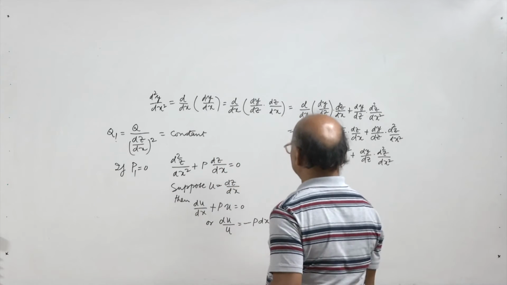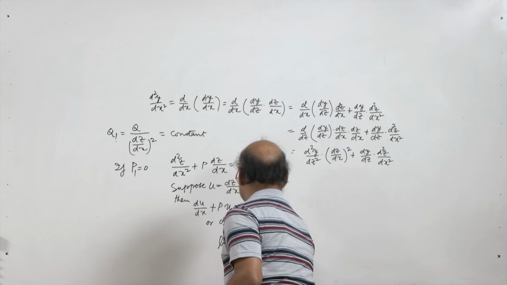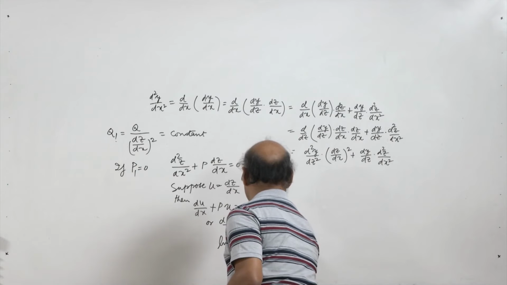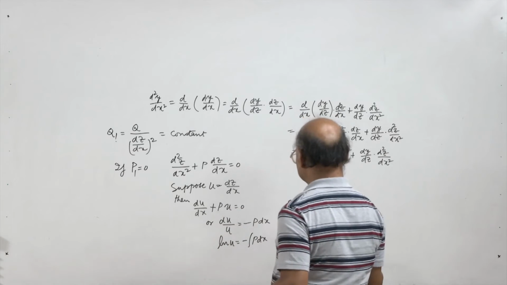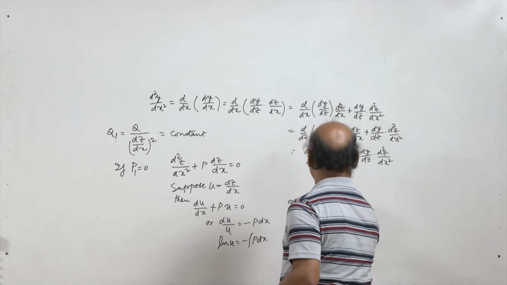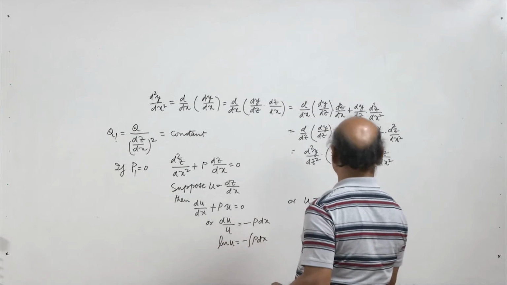Now let us integrate. So integrating both sides, we have ln u equal to minus integral p dx, or u equal to e to the power minus integral p dx.